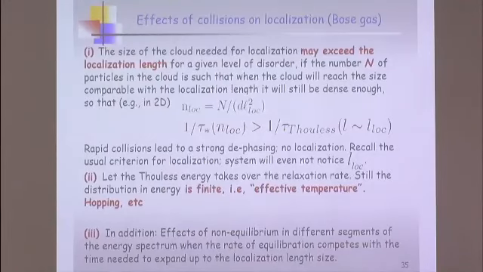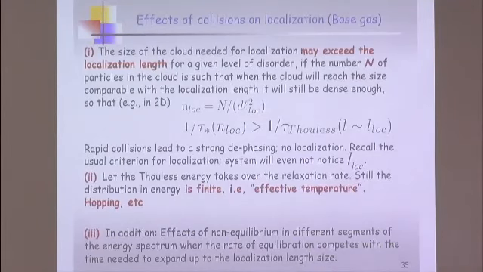And if you remember, the first thing in discussing localization is the comparison between the Thouless energy and the level spacing. If the Thouless energy is larger than the level spacing, then it is conducting, and if the Thouless energy is smaller, then it is insulating.